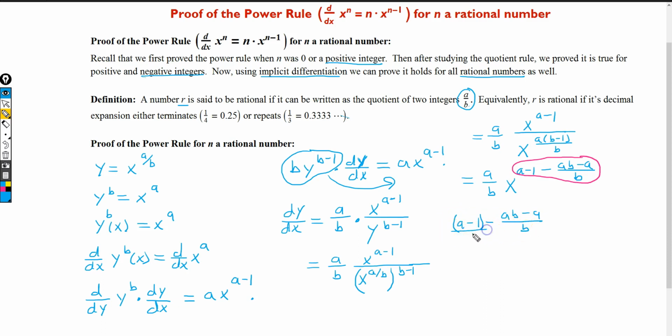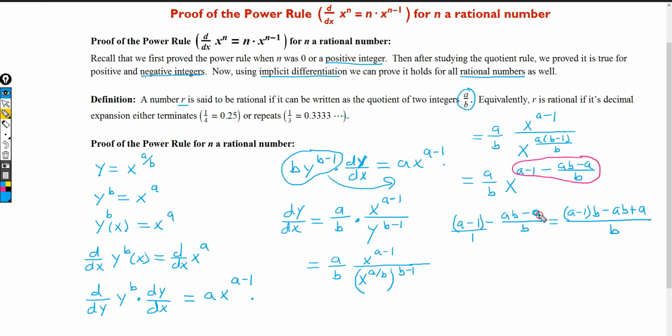We think of the first term as being over 1, so we go b times a minus 1, minus 1 times ab minus a, all of that over b. We took b times a minus 1, minus ab minus a.